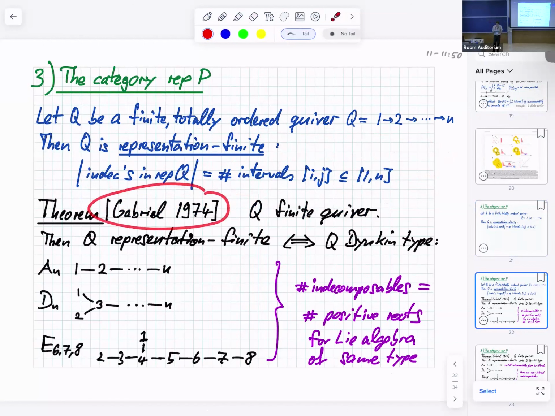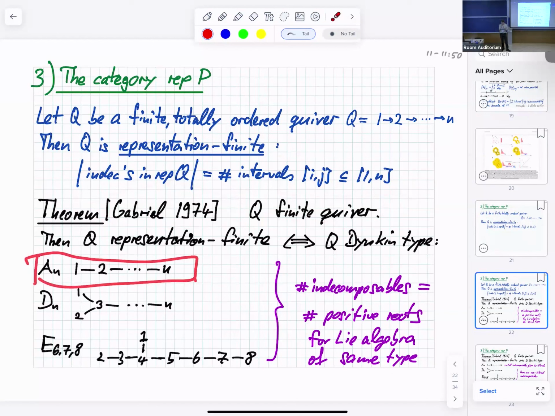Gabriel, 1974, looked at any finite quiver and asked which of those quivers are representation finite and which are not. We have seen this example: linear type An is representation finite.